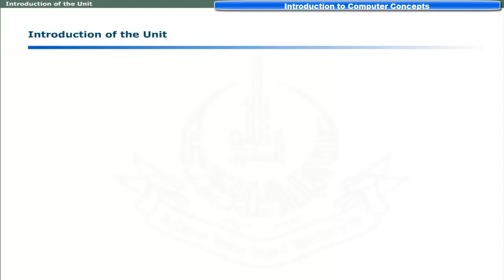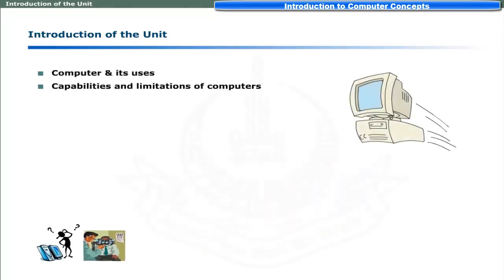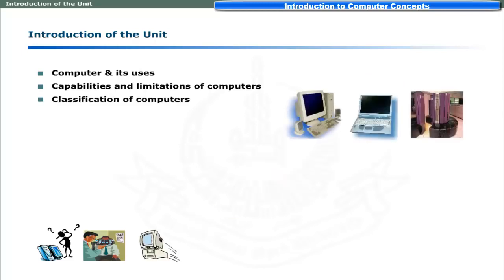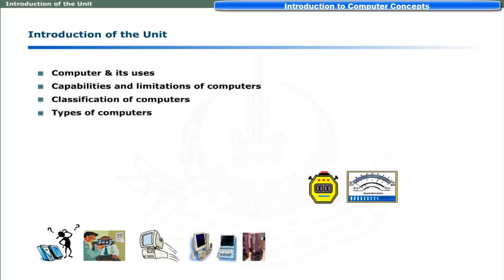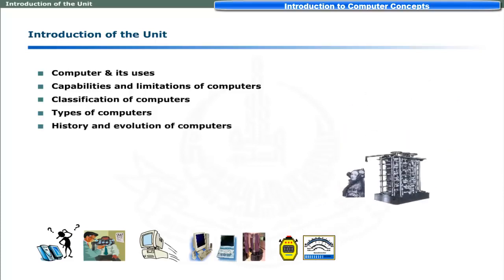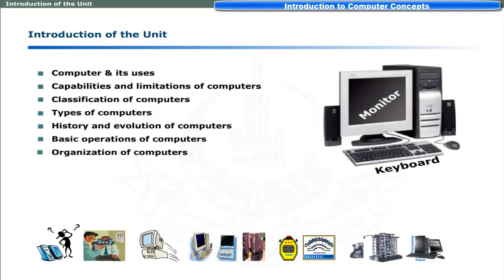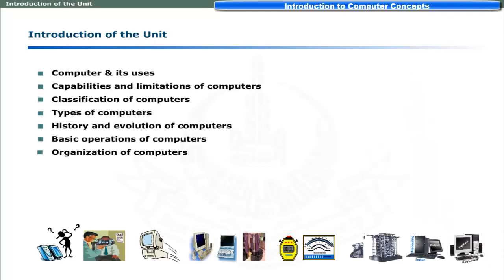Dear learners, in this unit we will introduce you to the computer and its uses, capabilities and limitations of computers, classification of computers, types of computers, history and evolution of computers, basic operations of computers, and organization of computers.